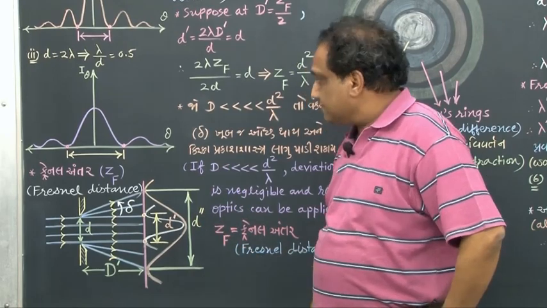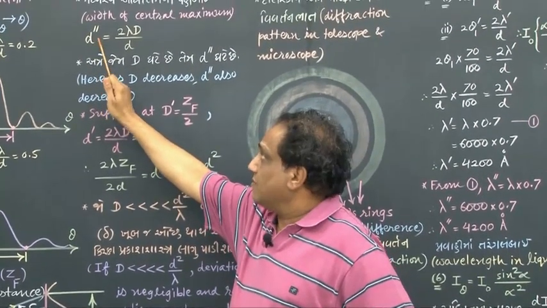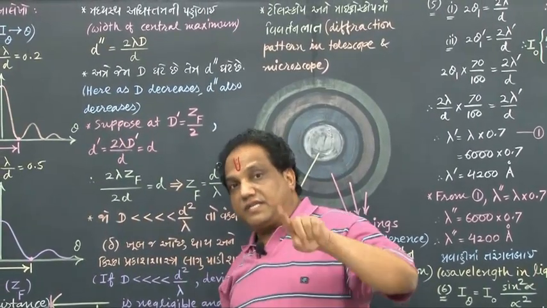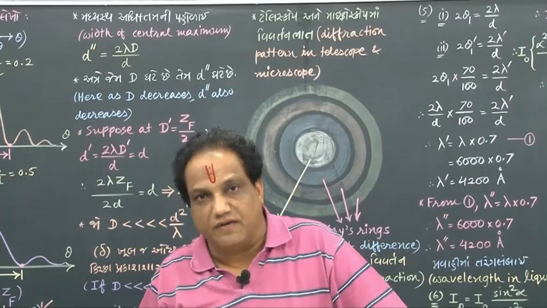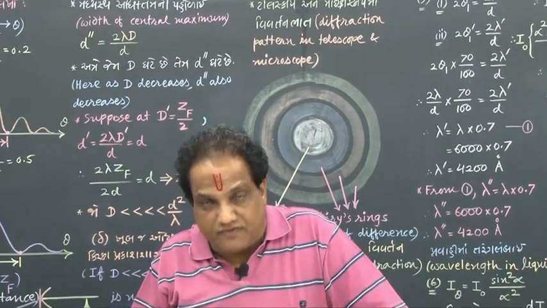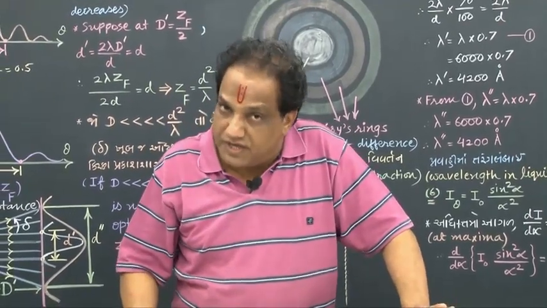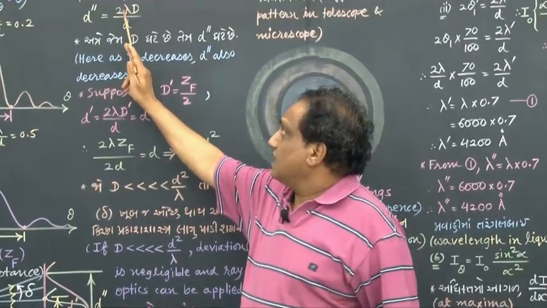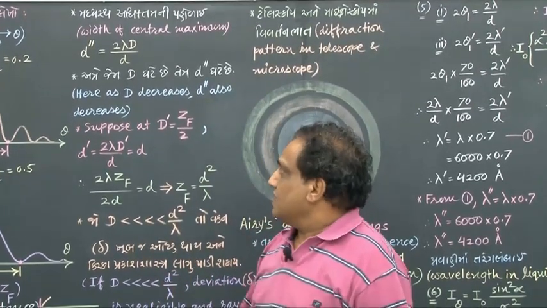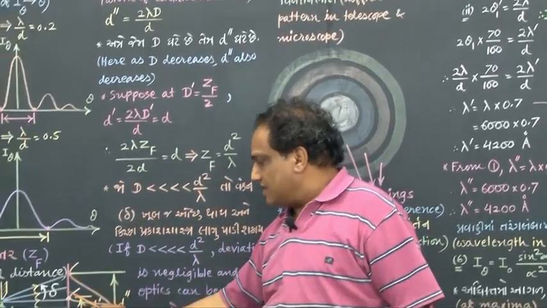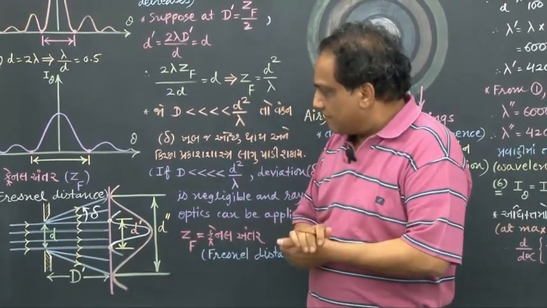So right now the width of central maximum is small d double dash, and last time we have studied about expression of width of central maximum. Remember that formula? It was 2 into lambda into capital D upon small d. Correct? Fine. So at present the width of central maximum is this much. Correct? d double dash. Fine.